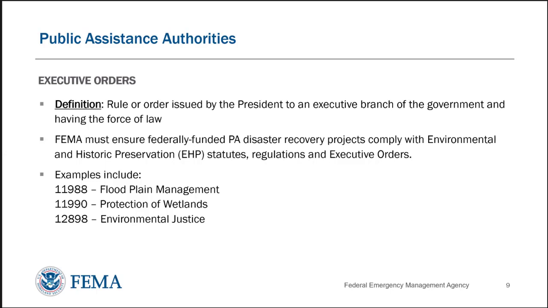Think endangered species, think archaeological and historic areas that need to be at least mapped and understood, and different regulations and executive orders. An example is 11988, floodplain management. If anybody here has been a site inspector or a program delivery manager, you understand the FEMA mapping done by the federal government that outlines where you've got floodplains, areas that could be flooded.